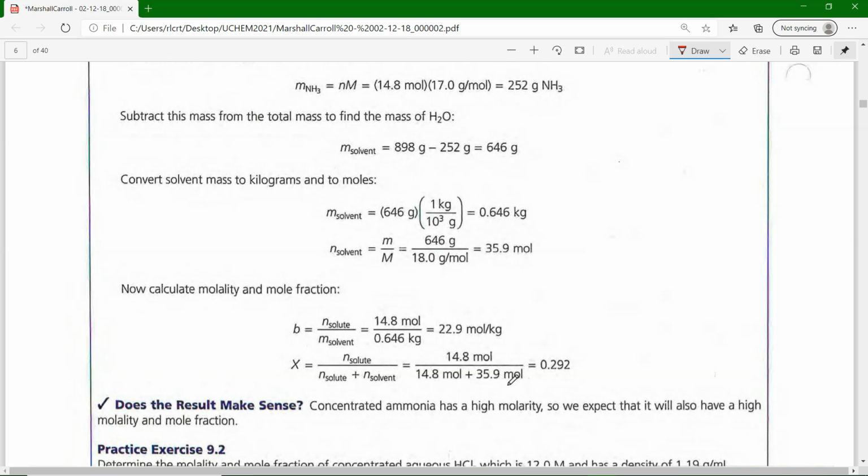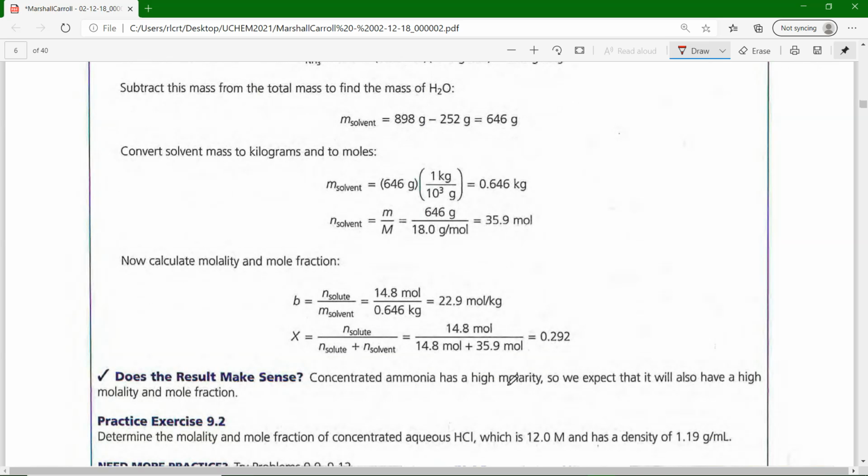So try it, and you'll see you get the same answer. So that's a rather large molality, but it is a pretty concentrated solution, 22.9 moles per kilogram. And the mole fraction of the solute is the moles of the solute, 14.8 moles, over the total number of moles, the solute plus the solvent, 14.8 plus 35.9. So the mole fraction of the solute is 0.292. Okay?